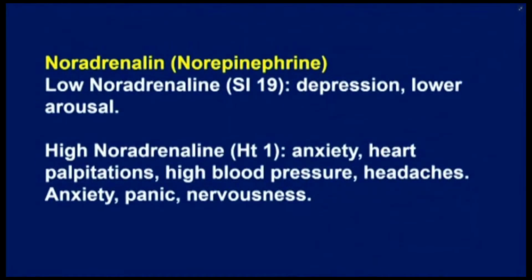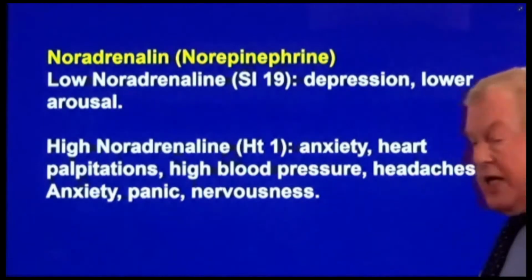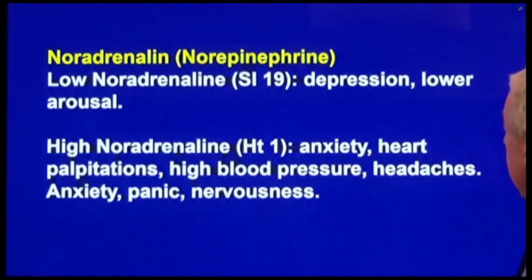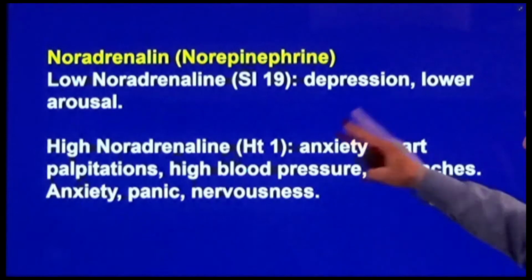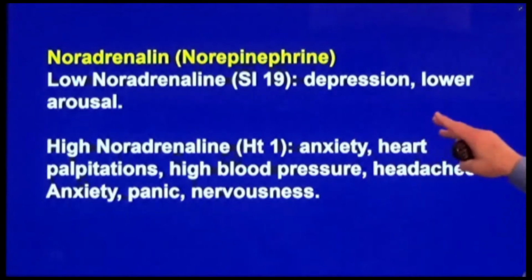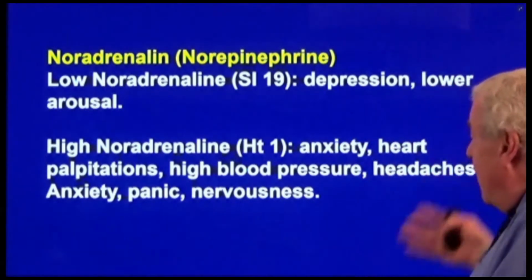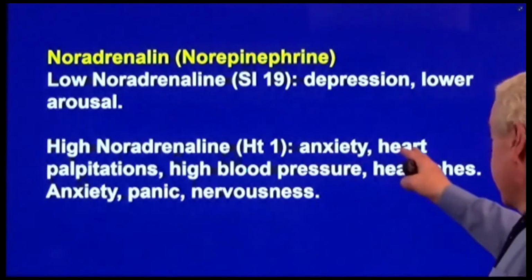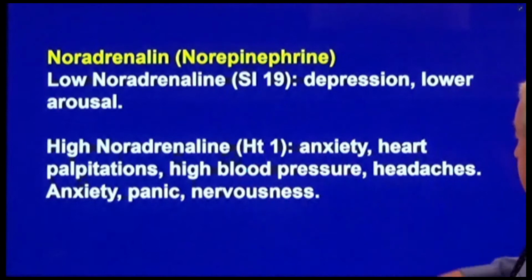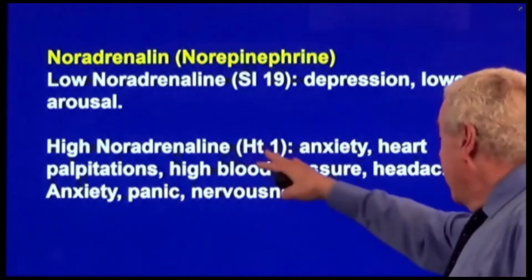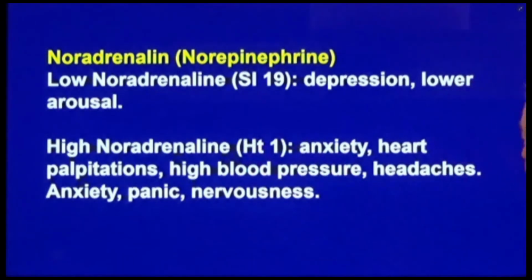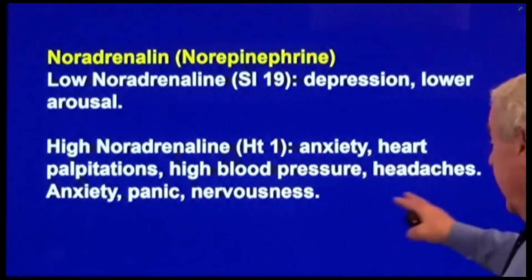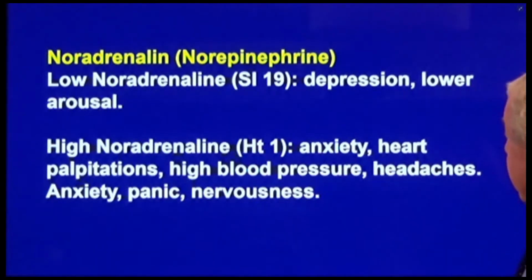So noradrenaline is very similar in its synthesis to dopamine. Low noradrenaline, small intestine, may lead to depression and low arousal, low get up and go. High noradrenaline would be anxiety and heart palpitations, because we manifest high noradrenaline at heart 1. Maybe high blood pressure, headaches, anxiety, panic, and nervousness.